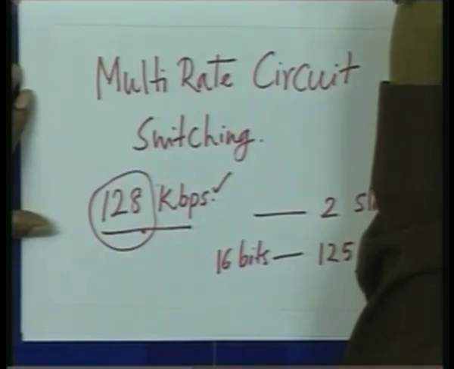Now what is the difficulty of multi-rate circuit switching? The difficulty is that if we have a spectrum of users starting from low data rates like 1 kilobit per second to a high data rate like 1 megabit per second, then the basic difficulty is how to choose the basic channel rate.